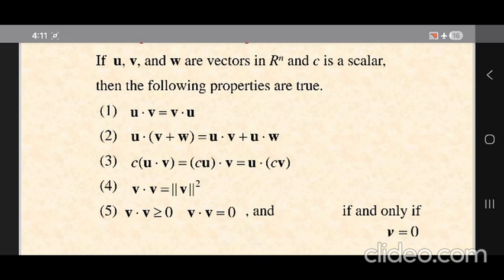Next, c times (u dot v) equals (cu) dot v equals u dot (cv). The fourth property: v dot v equals norm v squared. The last one: v dot v is greater than or equal to 0, and v dot v equals 0 if and only if the vector v is 0.